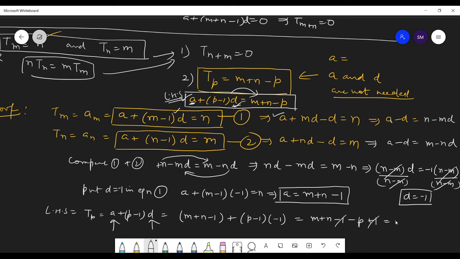Minus 1 and plus 1 cancel out, and you get m plus n minus p, that is your RHS. So hence you have proved LHS is equals to RHS. So students, we need to think in terms of strategies.